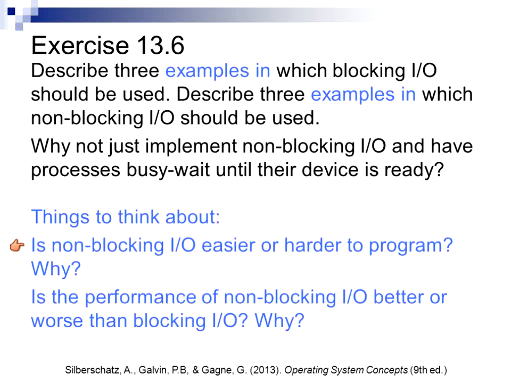Is non-blocking I/O easier or harder to program? And why? And is the performance of non-blocking I/O better or worse? And why? And when you think about those things, then you kind of have the answer to this part of the question, why you wouldn't just do non-blocking I/O. Because there's times when blocking I/O is more efficient or is easier, and that's kind of what I'm looking for in this question.